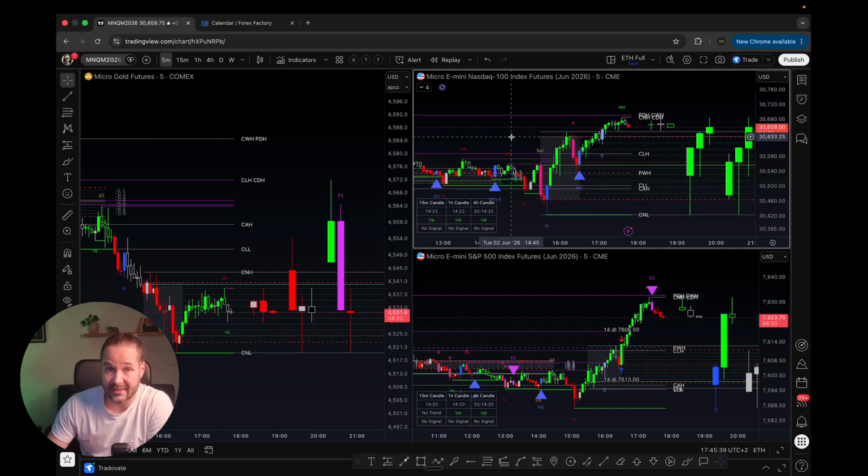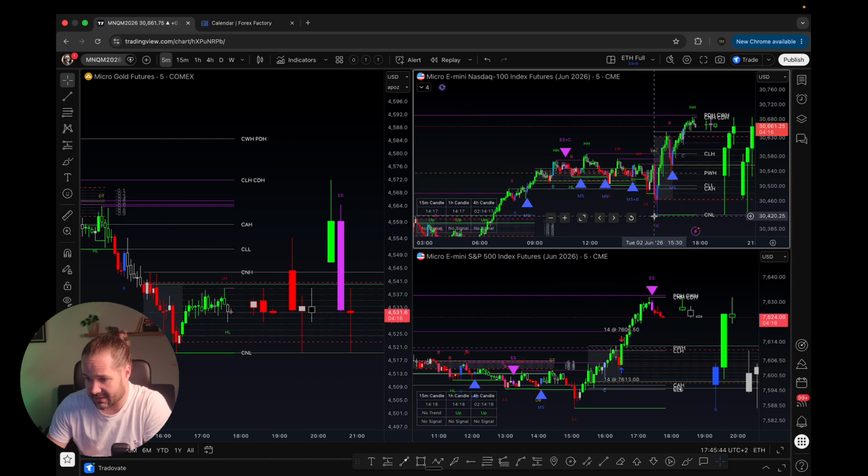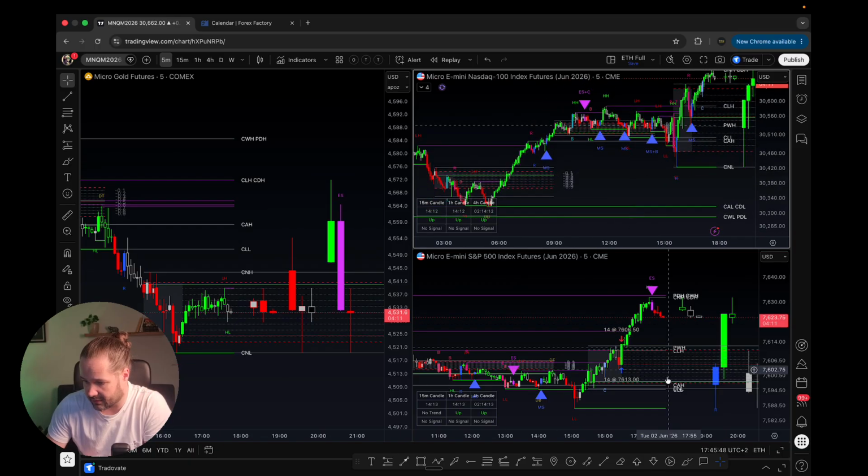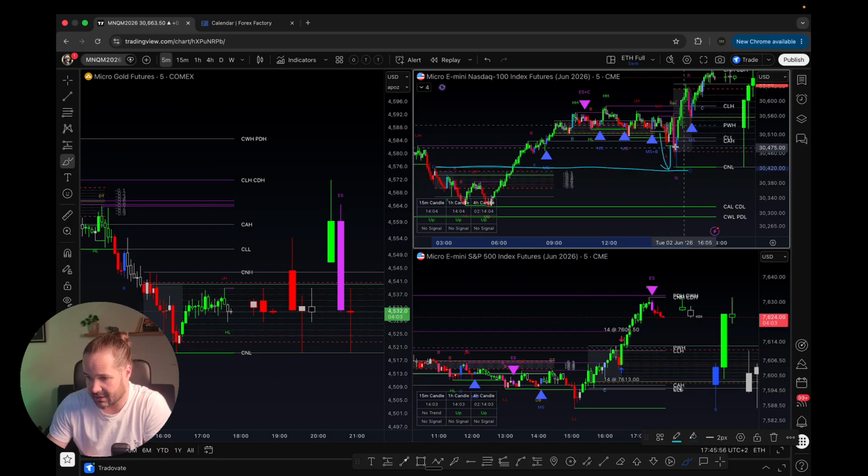Hopefully some more signals in the next session, and especially at the beginning of the session, when you remember where we got these extremely strong signals. This pullback to the opening range high of the London session was perfect.